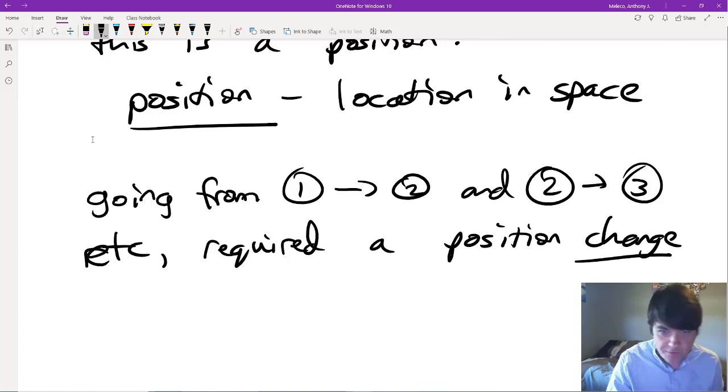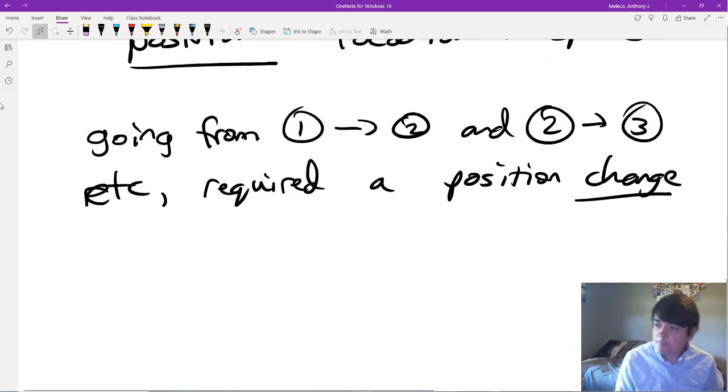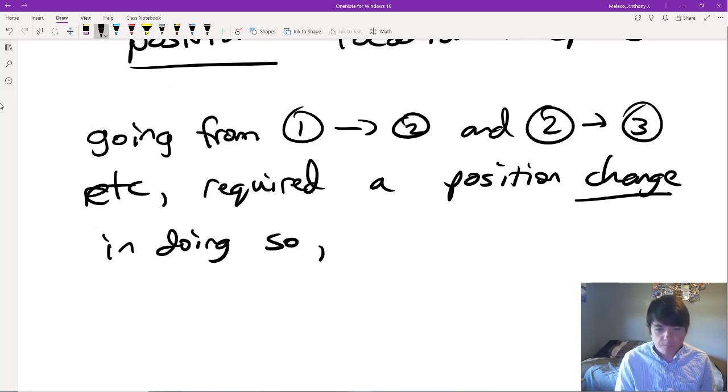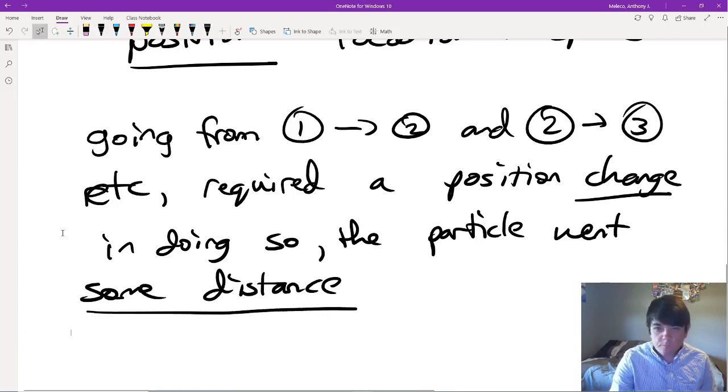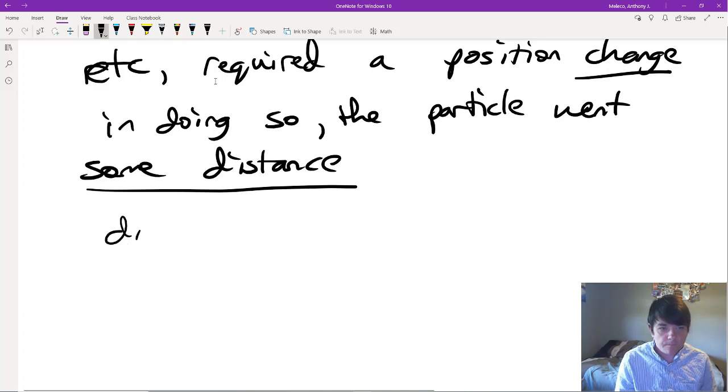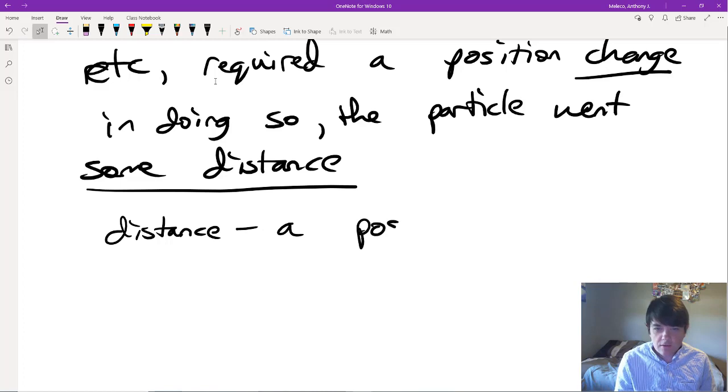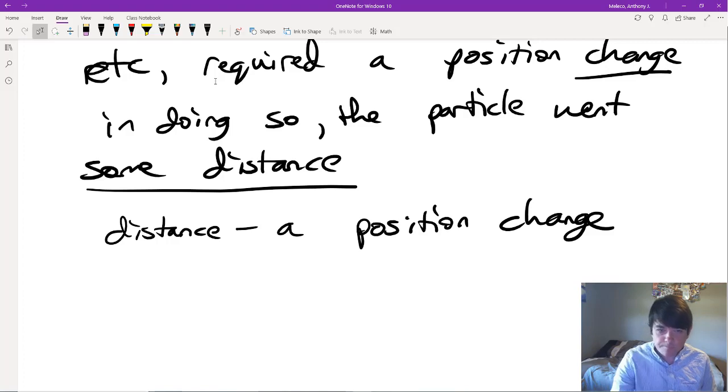That being the important word there: change. In doing so, the particle went some distance, okay? So distance can be thought of as a position change, okay?